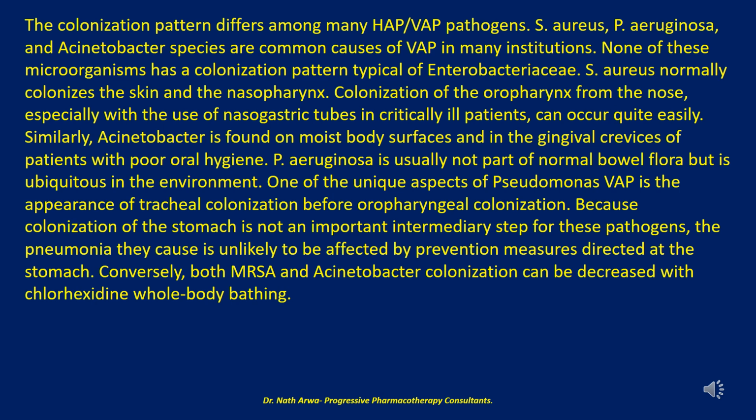Staphylococcus aureus normally colonizes the skin and the nasopharynx. Colonization of the oropharynx from the nose, especially with the use of nasogastric tubes in critically ill patients, can occur quite easily. Similarly, Acinetobacter is found on moist body surfaces and in the gingival crevices of patients with poor oral hygiene. Pseudomonas aeruginosa is usually not part of normal bowel flora, but is ubiquitous in the environment.